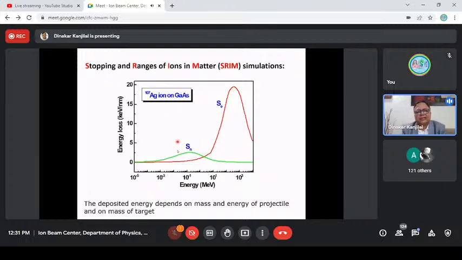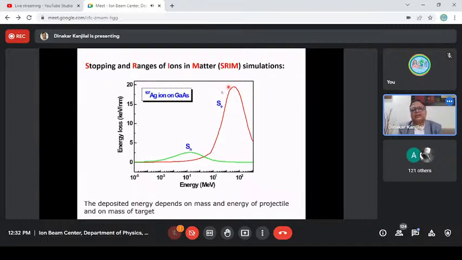But if you take the energy per AMU here, then the peak will be at a similar place only, and as a heavier ion goes, the peak will go up, because velocity actually decides. What happens when velocity is close to the Bohr velocity for a particular ion is that maximum energy gets transferred to the electronic system.